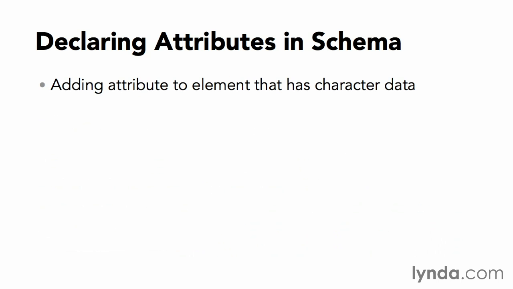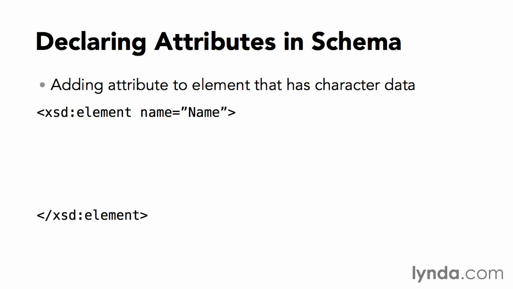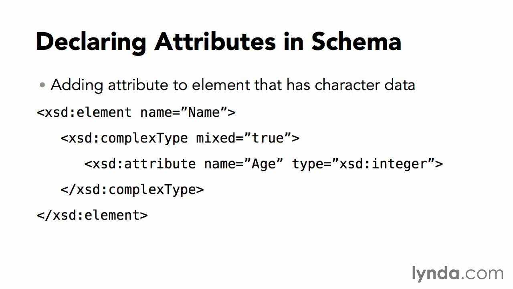We can add attributes to a variety of element types, and in this example, we'll take a look at adding an attribute to an element that only has character data content. Recall from the earlier section where we talked about declaring elements. In this case, I've got an element named name, and inside the name declaration for the element, I've got a complex type, and I'm using the mixed equals true attribute.